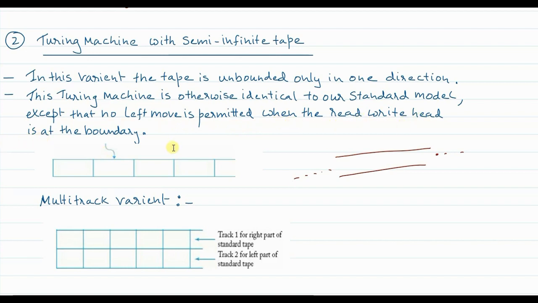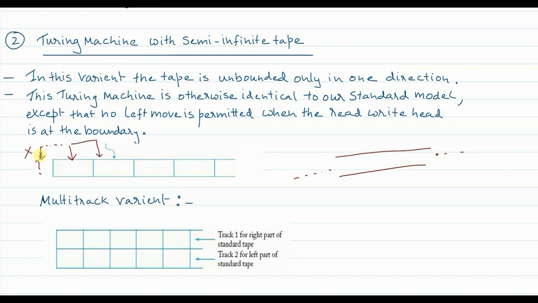Suppose your read write head is pointing on this particular cell, then the head cannot go one place to the left. Why? Because there is no cell here, right? Whereas the head will be able to move to the right.